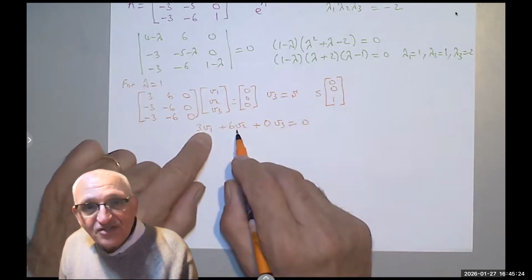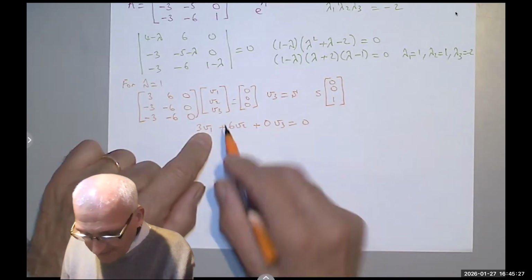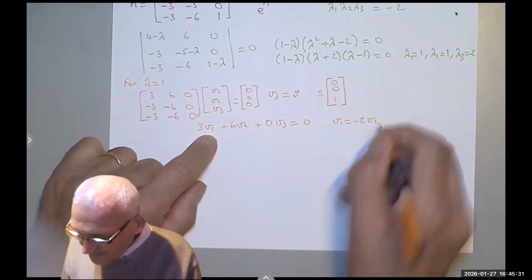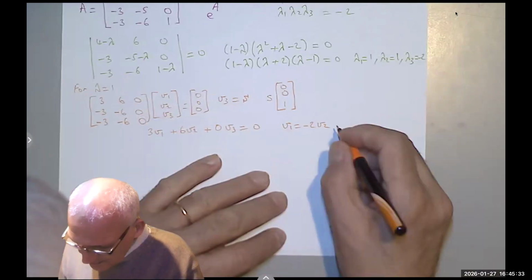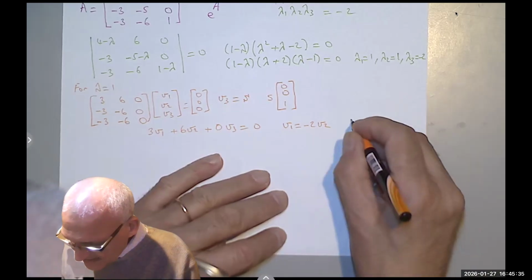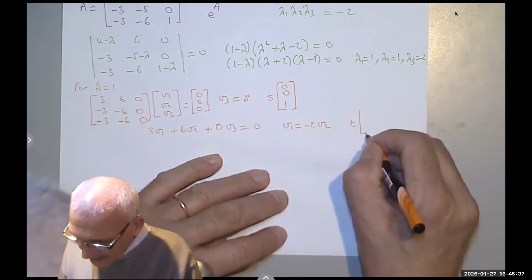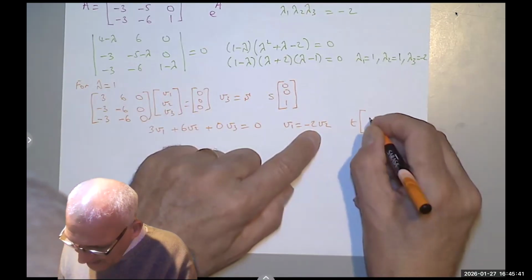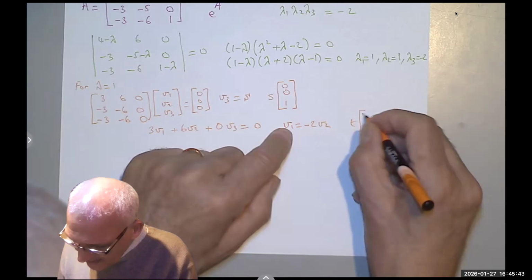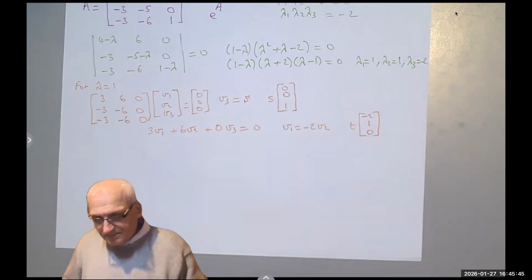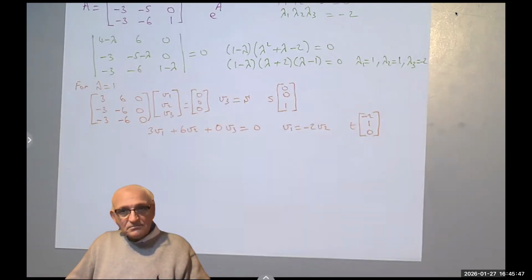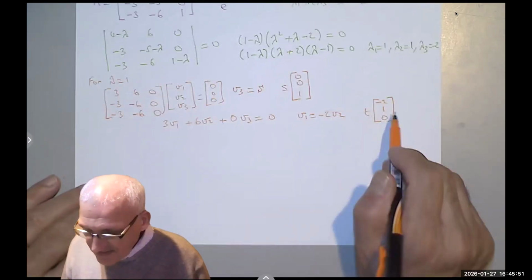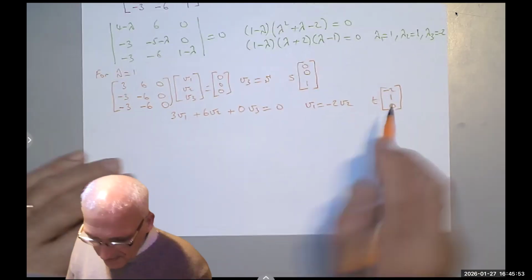But for V1 and V2, if I divide by 3, I can get V1 equals -2V2. So if I call one of them T, if V2 is 1, then V1 would be -2. And in that case, I get the second one.